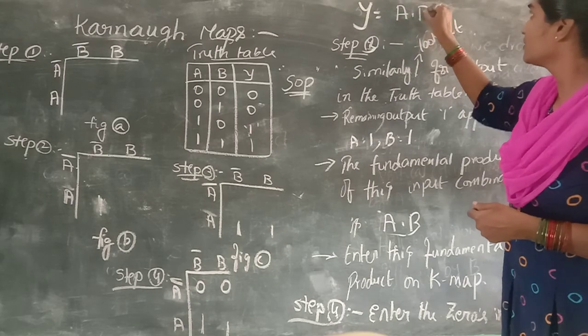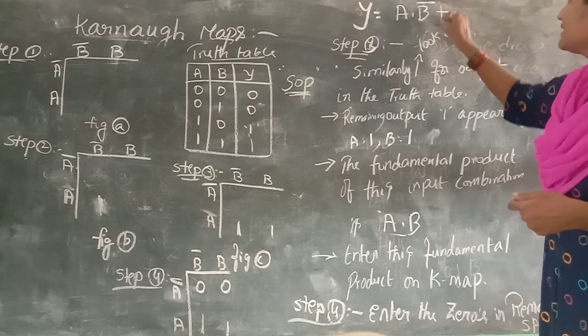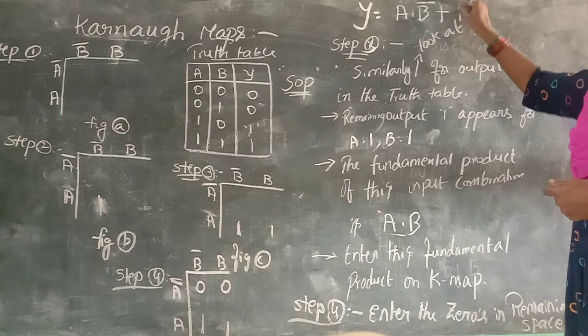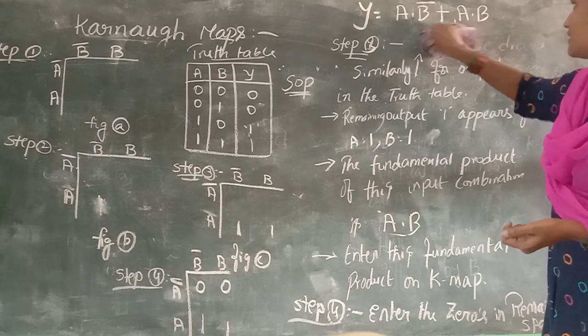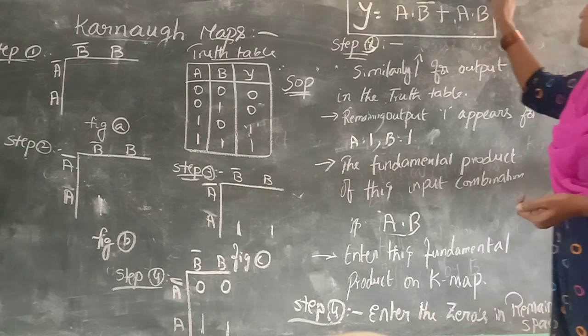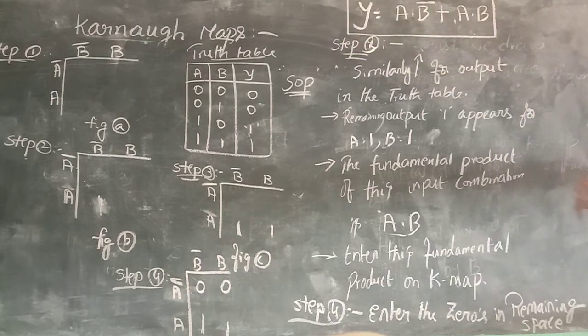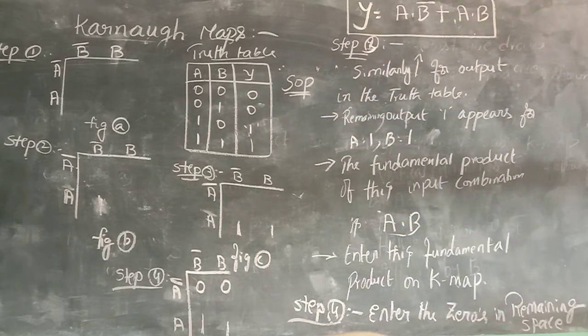A dot B bar plus A dot B. This is the logic for the output: Y is equal to A dot B bar plus A dot B. Based on this truth table, we get the logic Y is equal to A dot B bar plus A dot B by using the K-map SOP method.